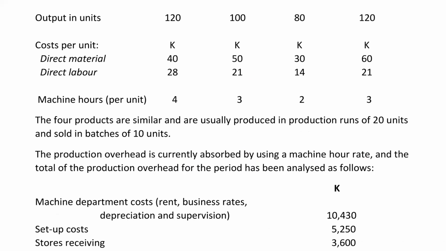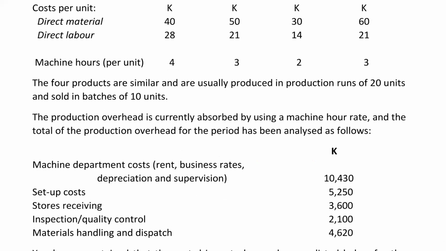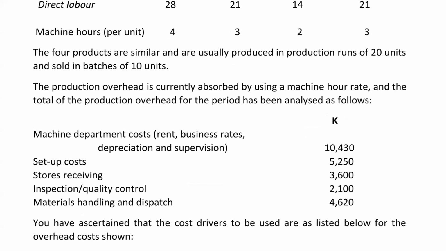They are usually produced in production runs of 20 units and sold in batches of 10. So they are sold in batches of 10 units, and they are produced in production runs. So that is very important. The production runs are of 20 units and sold in batches of 10 units.